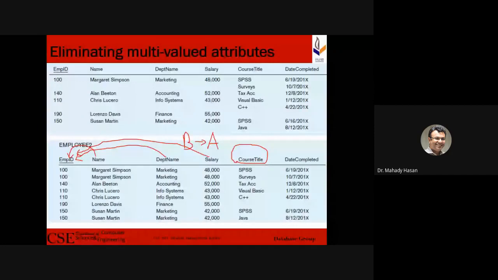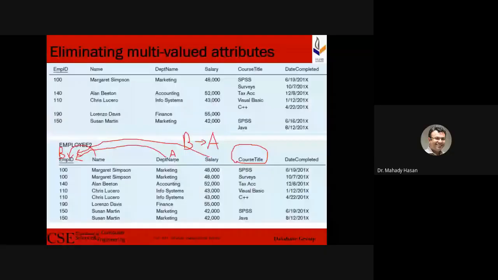So if B can determine A, can I say so? Yes, sir. Okay, so employee ID can determine department name. Make sense?